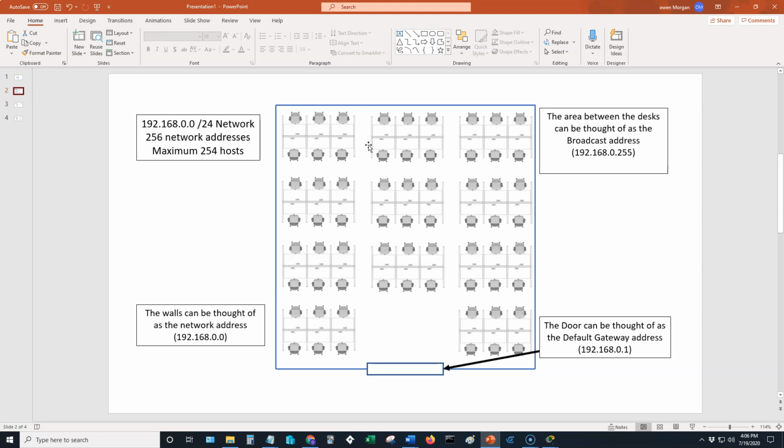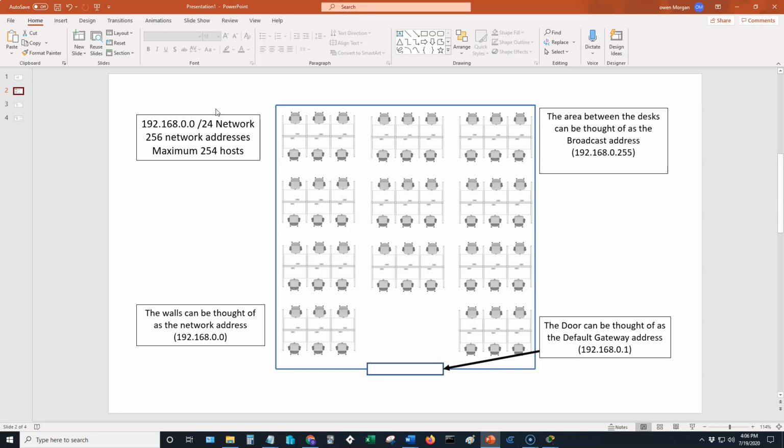I also like to think of the hallways between the desks as the broadcast address space, because they have to be able to broadcast around the room to talk to one another and maybe broadcast to the entire group of people. The door into the office building I think of as the default gateway address.